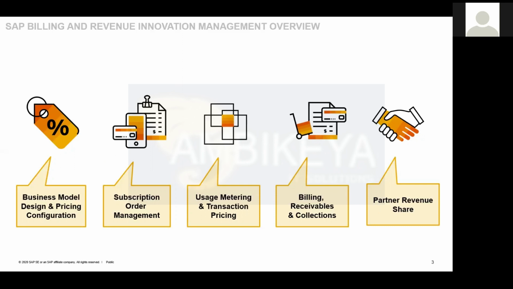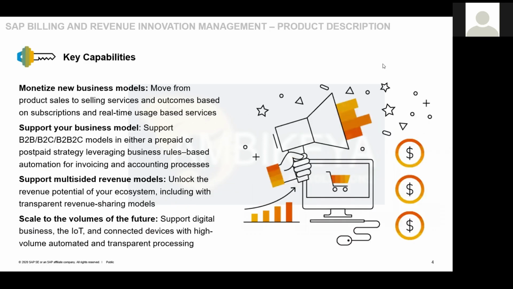We are able to handle usage metering and transactions, also in high volume scales. We are able to do billing, receivable, and collections. And what is also important and often used is the partner revenue sharing. This is possible with BRIM, and we will have a look a bit more on the key capabilities now.